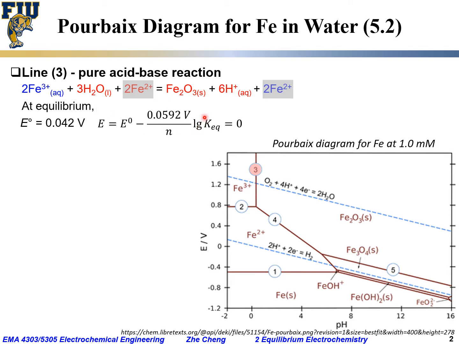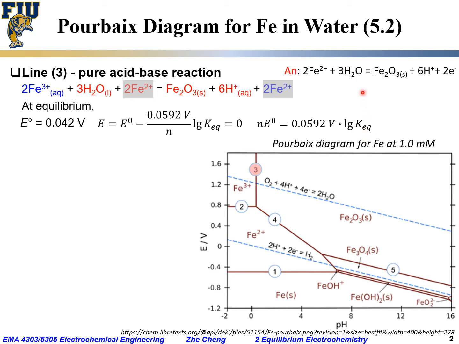Okay? At equilibrium condition, the cell potential must be 0. And the Nernst equation gives the cell potential to be E0, standard cell potential, minus a factor times log of reaction constant. And if we rearrange, we would have N times E0 equals 0.0592 volt times log of equilibrium constant.